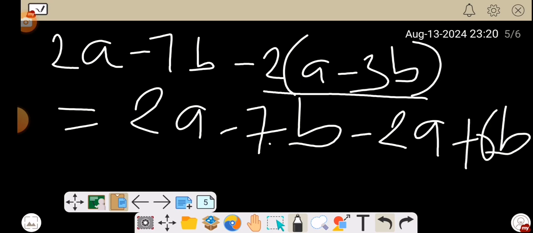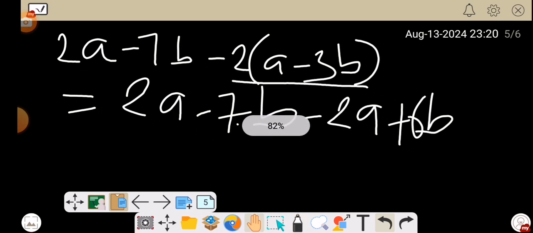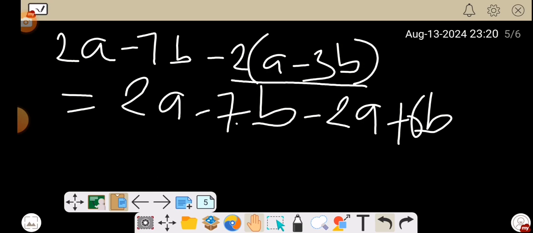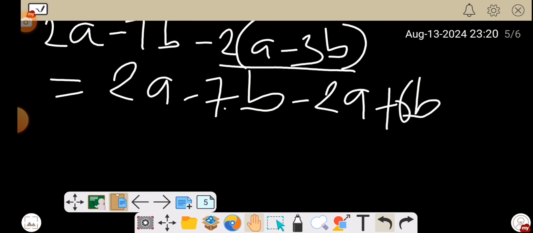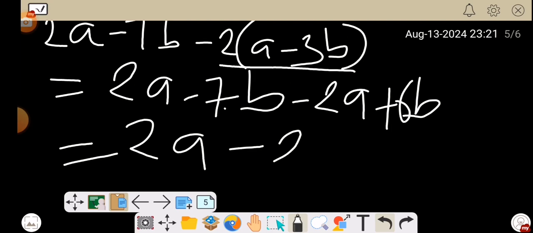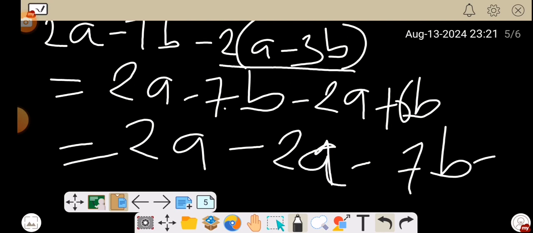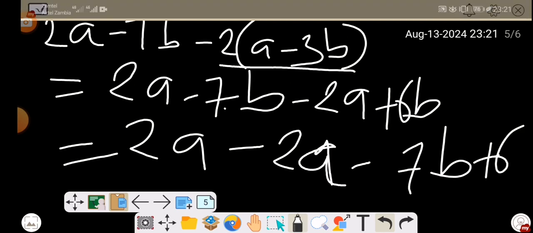From here, you should always remember to collect the like terms. So when collecting the like terms, make sure a and a are together, and b and b are together. So from our question, we can see that 2a will go with negative 2a, and negative 7b plus 6b.